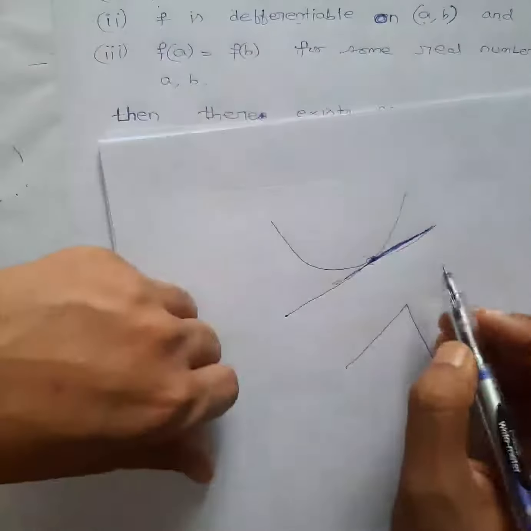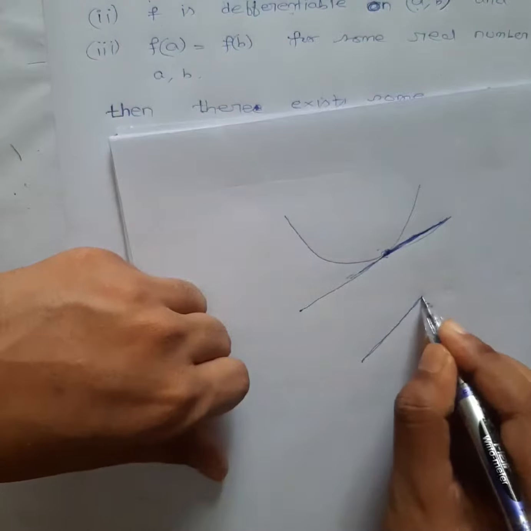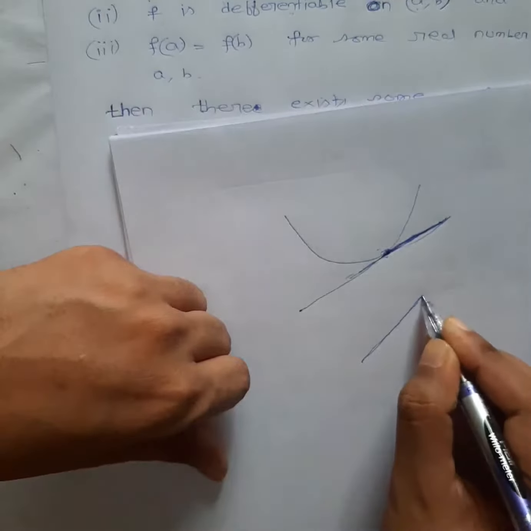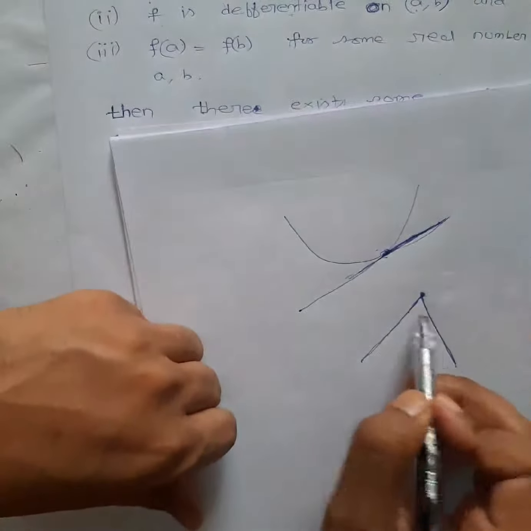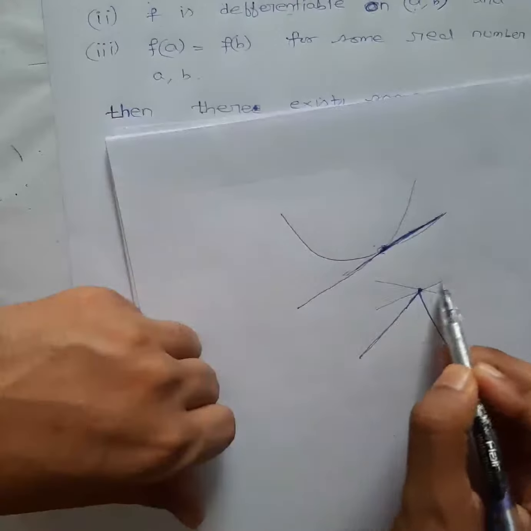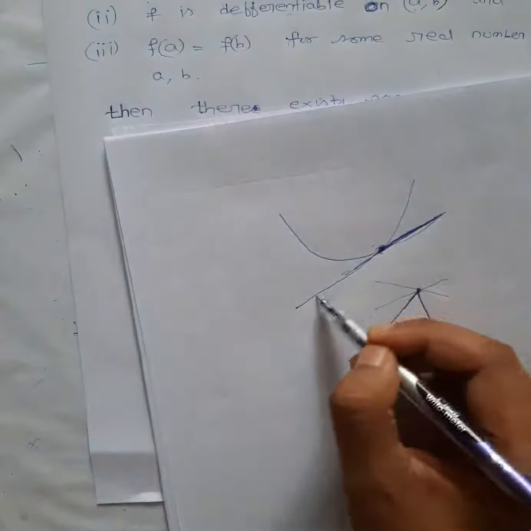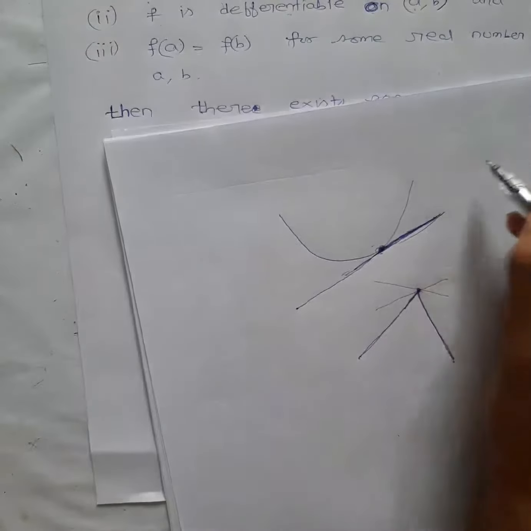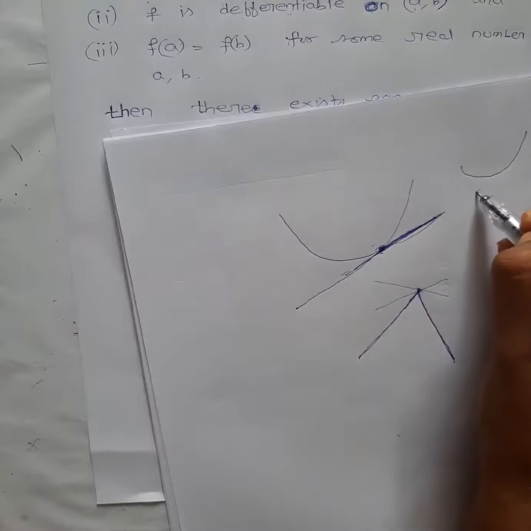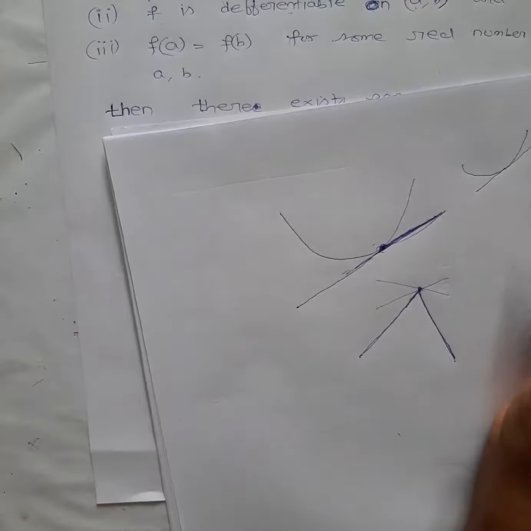Okay, now see what that actually means in the graph. In the graph, it means you cannot have a very sharp point like this, because if you have a sharp point like this, can you draw a tangent here? Obviously no. Tangent means what? From that particular point only one line can pass, only one line. A line which touches a curve at exactly one point is called a tangent.